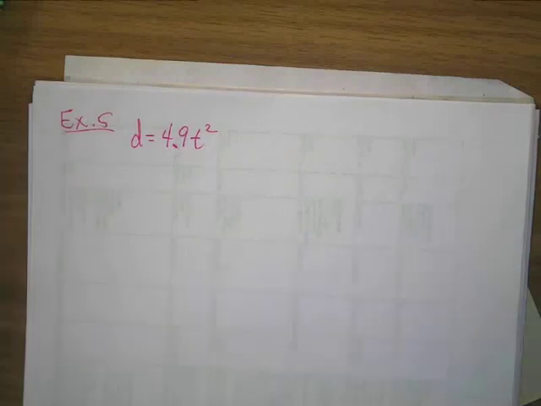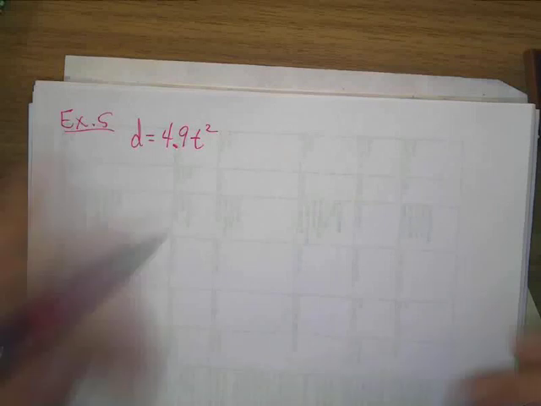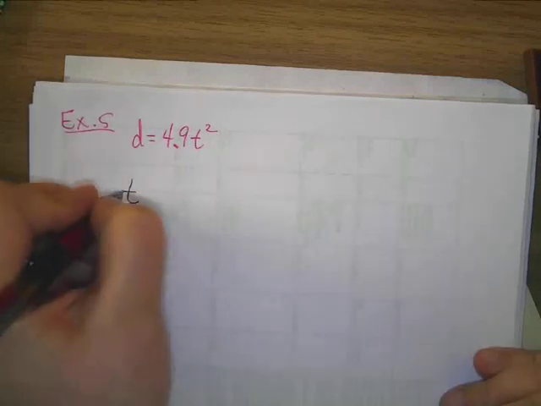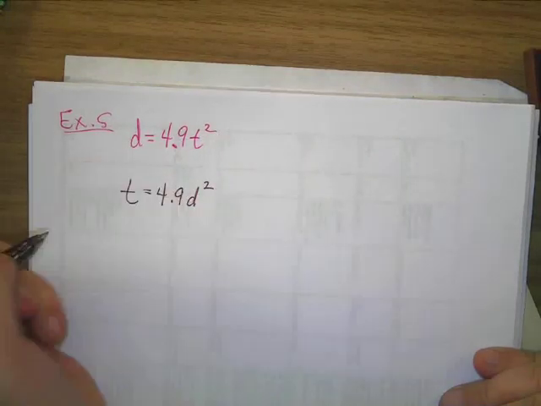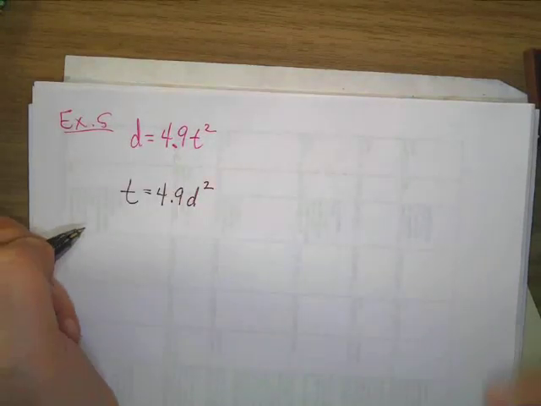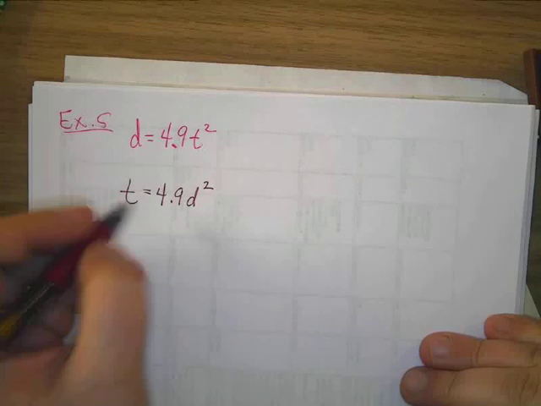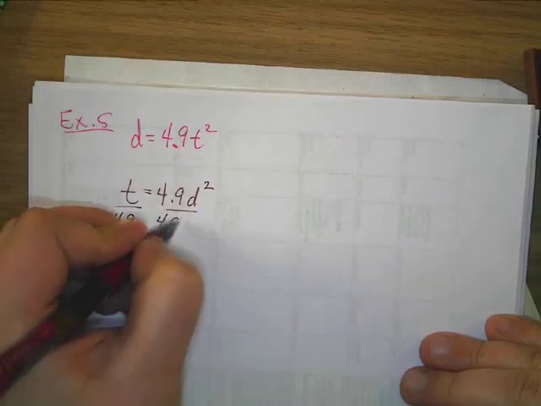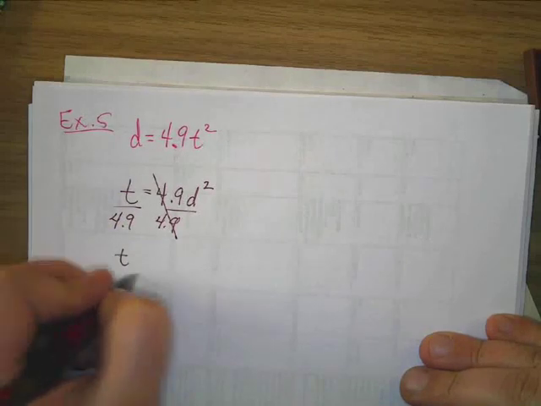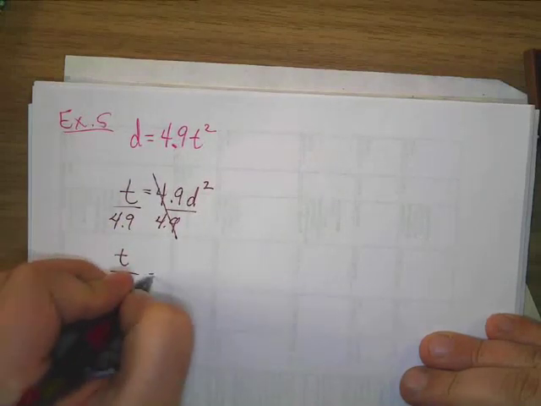So instead of d equals, to find the inverse we're going to make it t equals 4.9 d squared. Can we solve for d? Let's do it. So divide by 4.9. Now we're talking about distance, so we are going to square root. Do I need to worry about the negative?